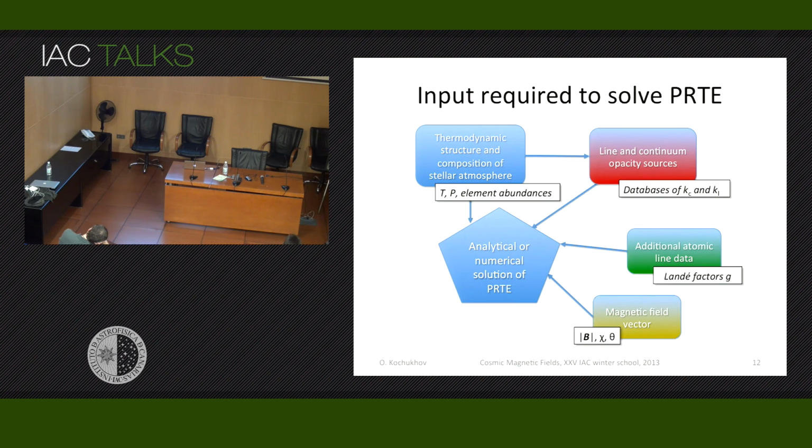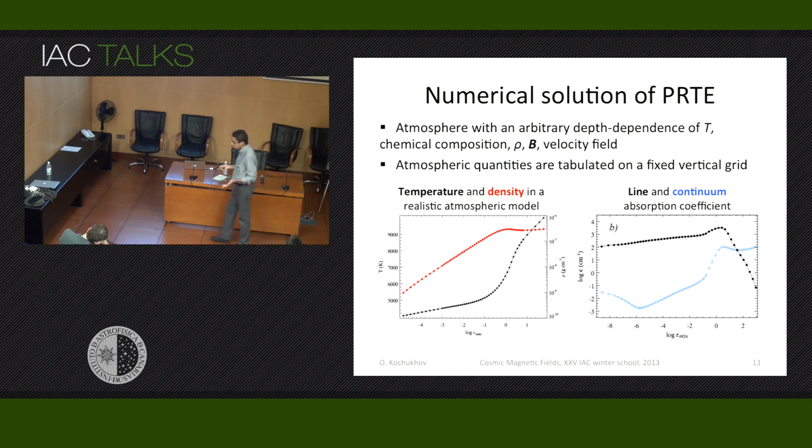So having all these things together, we do the solution of polarized radiative transfer equation, and in general case, this solution has to be done numerically because, for instance, stellar atmospheres are specified usually numerically in a certain grid. And this is example of the actual model atmosphere.